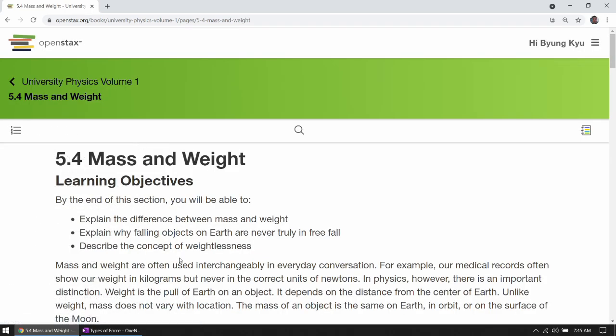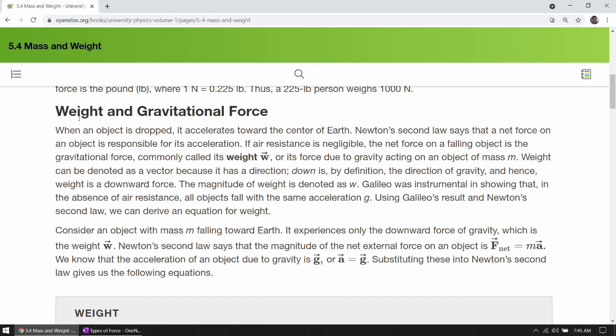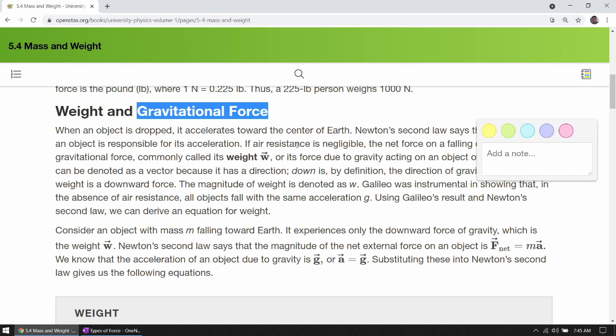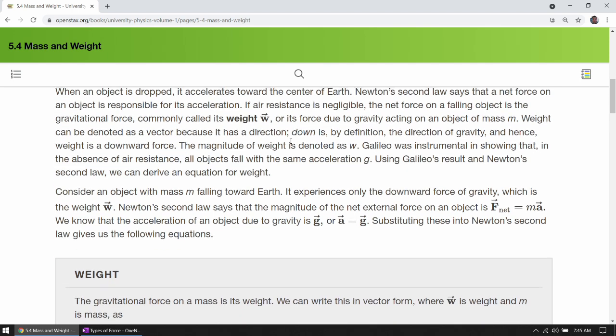gravitational force. We bring it in chapter 5 as a weight, which, as far as this class is concerned, is another word we use for gravitational force. For a great portion of this semester, we'll treat gravitational force in a relatively simple way.